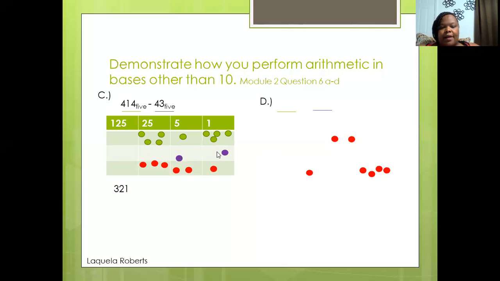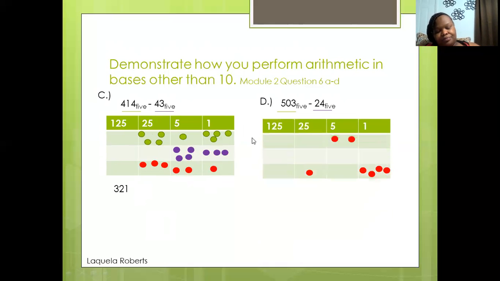And for 43, we have for the ones, we have 1, 2, 3. And then for 5s, we have 2, 3, 4. And 25 has none. So we bring down, of course, we have 1 because you were taken away. And then for 5s, we have 2. And for 25, we have 3. So our total is 321.